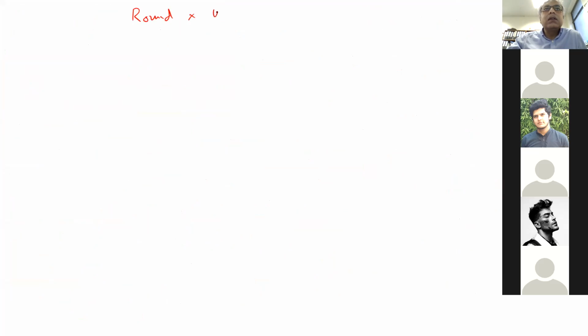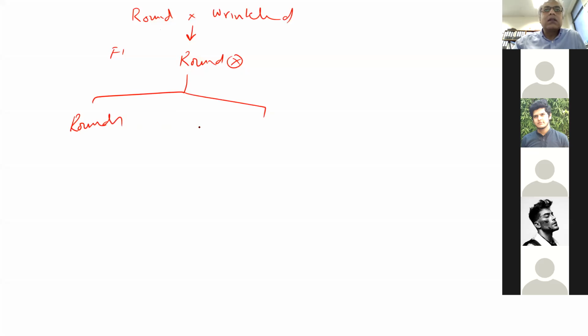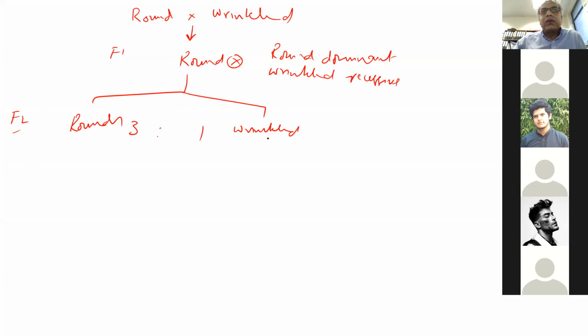Round versus wrinkled. F1 was all round. Self-crossed F1, we had round versus wrinkled. What we said, round is dominant, wrinkled is recessive, and in F2, after self-crossing F1, we found a 3:1 ratio of round versus wrinkled.